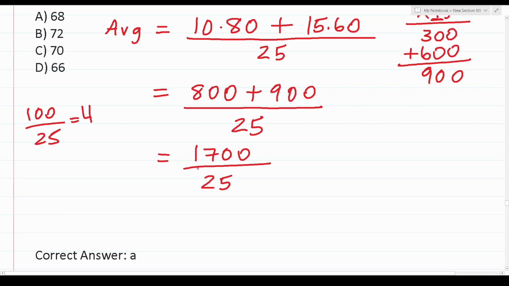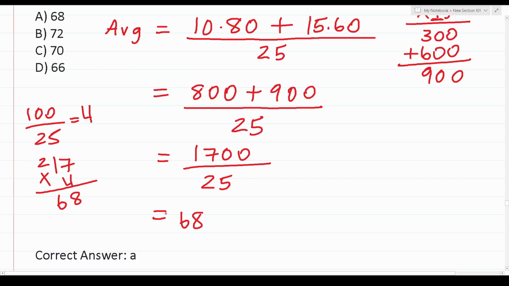Therefore, 1700 divided by 25 is the same thing as 17 times 4. Well, 7 times 4 is 28, so drop down an 8, carry a 2. 1 times 4 is 4, plus 2 is 6. So 1700 over 25 is 68.